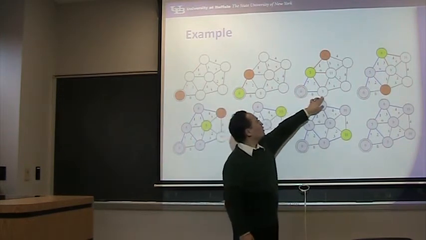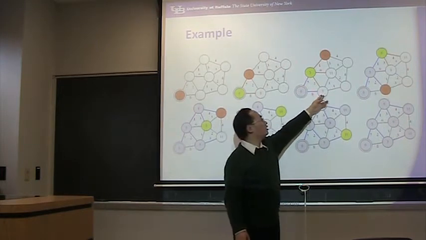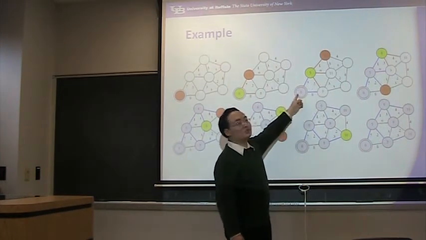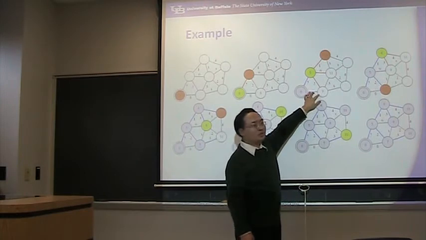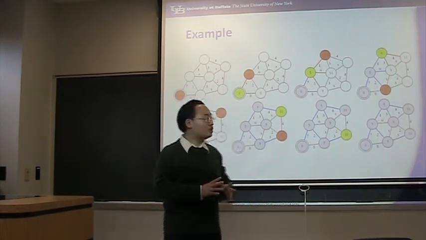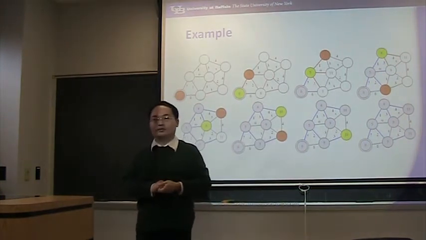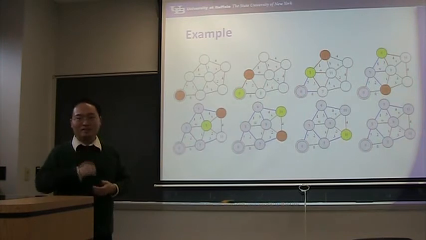But in this case, this node is not explored yet, or this node is an adjacent node. This node is a shortest path node. So the link between them is not 100% sure to be in the shortest path tree. Are we clear about this?